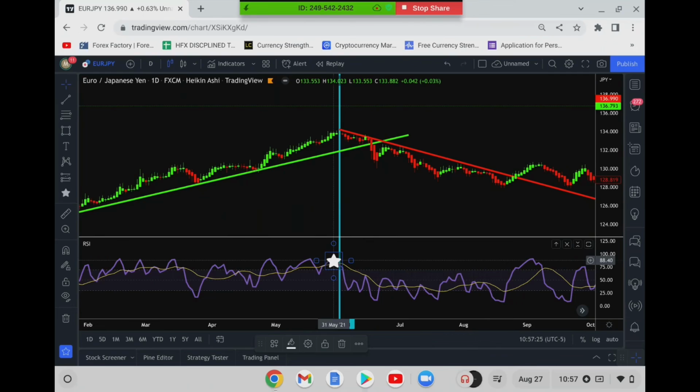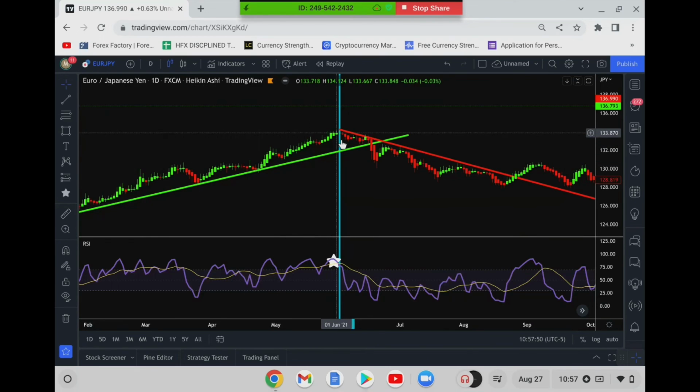So using our RSI in conjunction with our trend line, this is what will help us know and confirm that price is currently reversing. Why? Because we had price respecting our green trend line, right? Our uptrend.